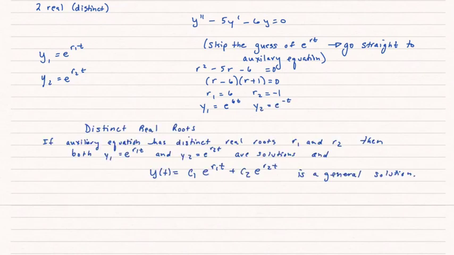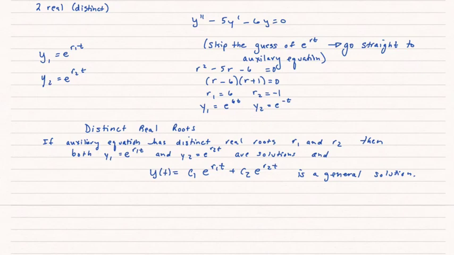So where do we go with this? Well, I'm going to just state this right now and give the why in a follow-up video. But you should take away from this that if the auxiliary equation has distinct real roots, r1 and r2, then as I've just stated, y1 equals e to the r1t and y2 equals e to the r2t are both solutions.